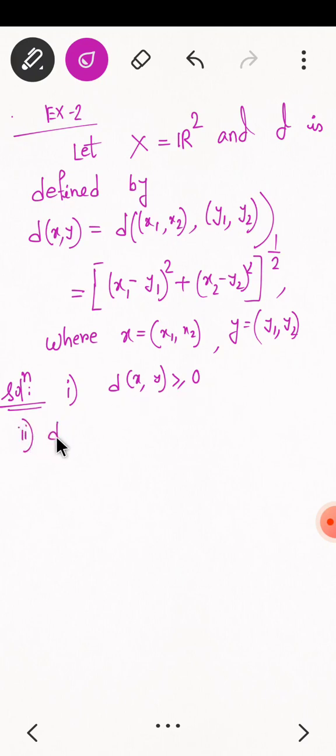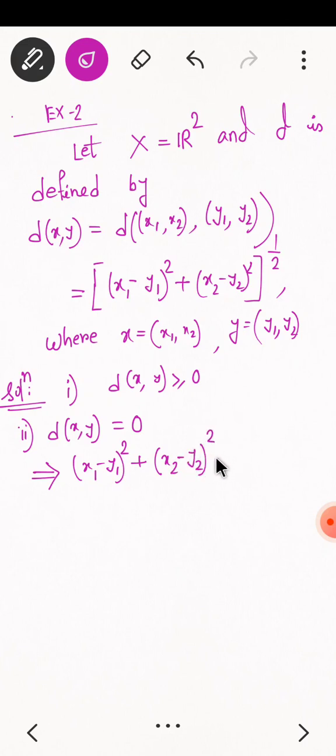Next, D of xy equal to 0 implies that the quantity under the root is 0. So (x1 minus y1) squared plus (x2 minus y2) squared is 0. The sum of two non-negative real numbers is 0, which means both these quantities must be 0.